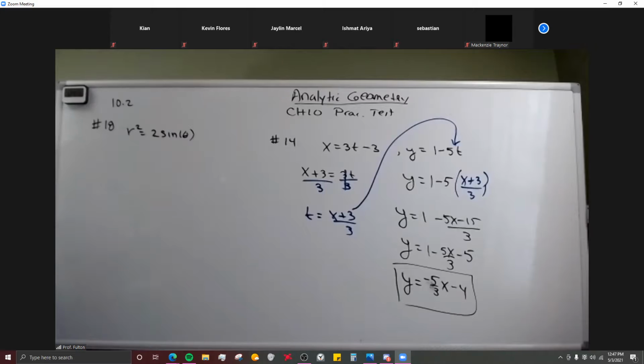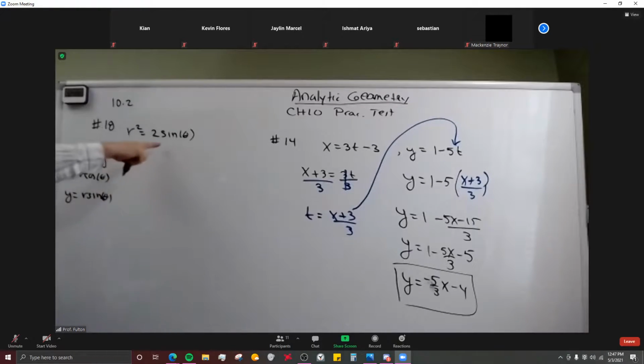Okay, so what do we use here? Because we want to go from r and theta to x and y, r squared is x squared plus y squared. Okay, and we also have the following: x is equal to r cosine theta, y is equal to r sine theta.